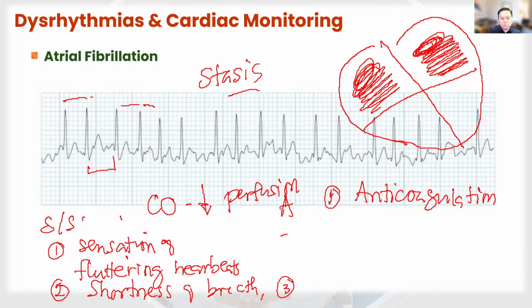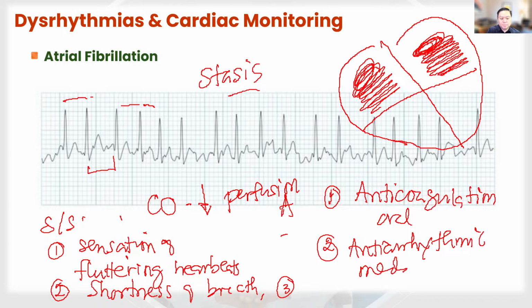Oral anticoagulation to prevent the formation of blood clots. Could be warfarin, Coumadin, or any of the oral blood thinners. We're also going to treat this patient with antiarrhythmic medications. Could be Cardizem to slow down the rate, or a beta blocker, or a calcium channel blocker to slow down the atrial rate.